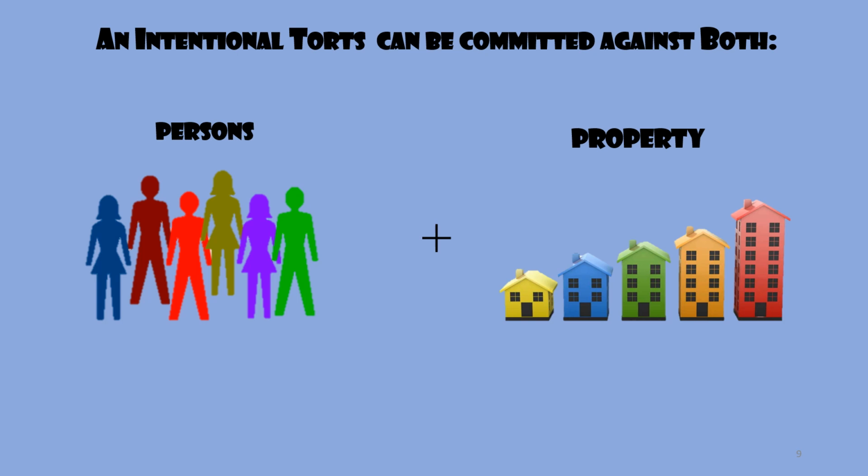When you commit a tort against property, that means that you damage that person's property, whether it's damaging their house, their car, their TV, their clothes, right? That's what property is. The property can't sue you, but the harm was directed towards the property.